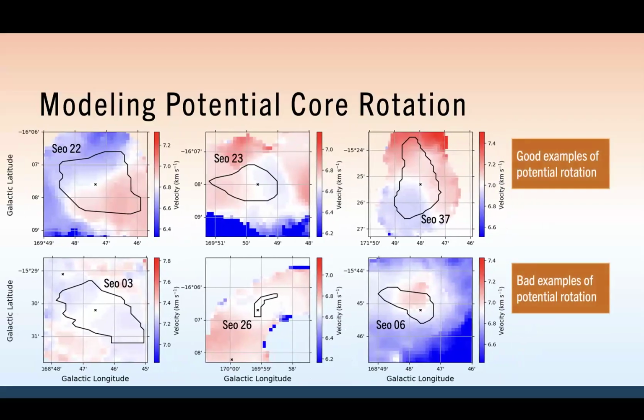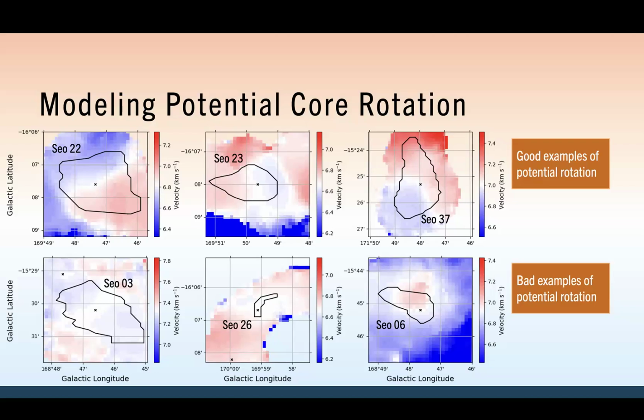So just by looking by eye, we can see some examples of good core rotation where there's a clear axis of symmetry and a clear velocity gradient going across the core. We also see plenty of bad examples of potential rotation where there is almost no velocity gradient.